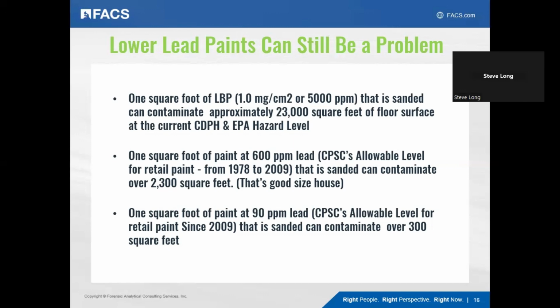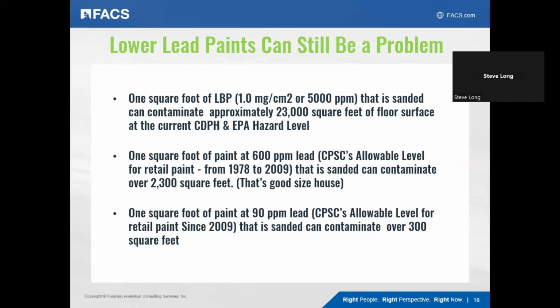So if we look at a paint that is right at the threshold of 5,000 parts per million, and we imagine 1 square foot of that paint being sanded off completely, which would be one removal method, if care was not taken, the amount of lead that comes off of that process can contaminate up to 23,000 square feet of floor surfaces above the current California Department of Public Health and EPA hazard level.